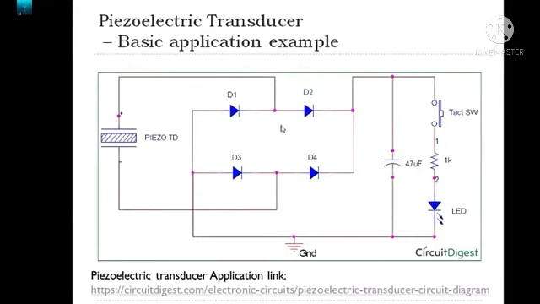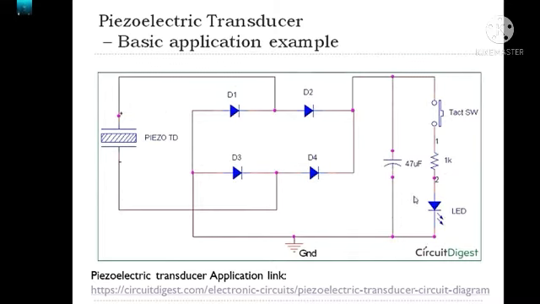This image shows a circuit diagram of a basic application for a piezoelectric transducer, wherein we have this piezoelectric crystal embedded between two metal plates, anode and cathode. When mechanical force is applied, it generates alternating current. The output of the piezoelectric transducer is always alternating, and this alternating current is converted into DC using this full wave rectifier circuit.